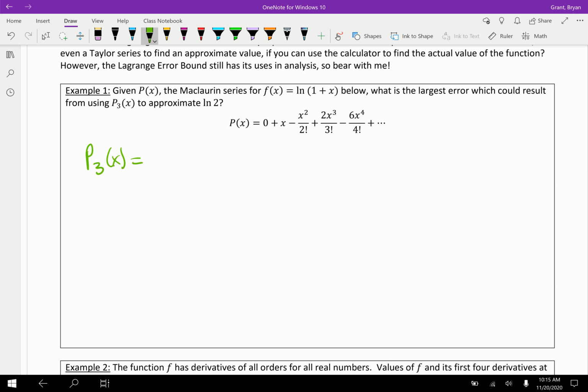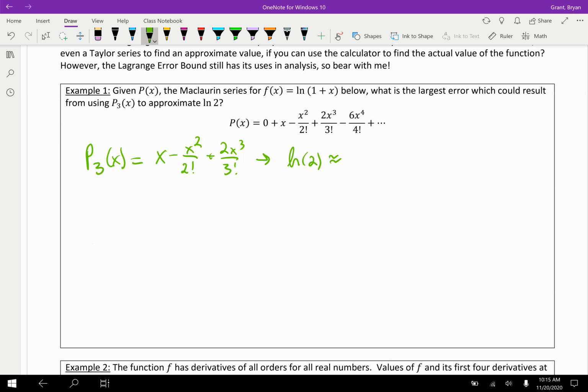So p sub 3 of x is going to be out to the third degree, which is x minus x squared over 2 factorial plus 2x cubed divided by 3 factorial. They used that to approximate natural log of 2, so they're saying natural log of 2 is approximated by this power series.